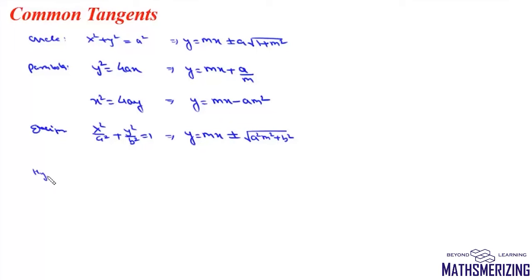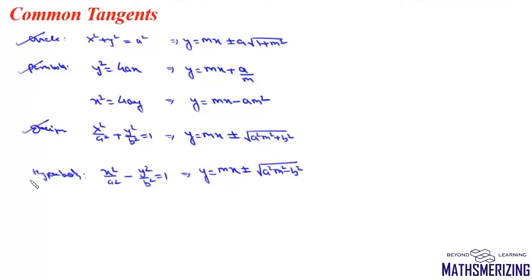And for hyperbola, which is x square upon a square minus y square upon b square equals 1, we can write this equation as y equals mx plus minus under root of a square m square minus b square. So in order to solve these common tangent problems, we must know the equation of tangent for circle, parabola, ellipse and hyperbola. So let us take up an example.